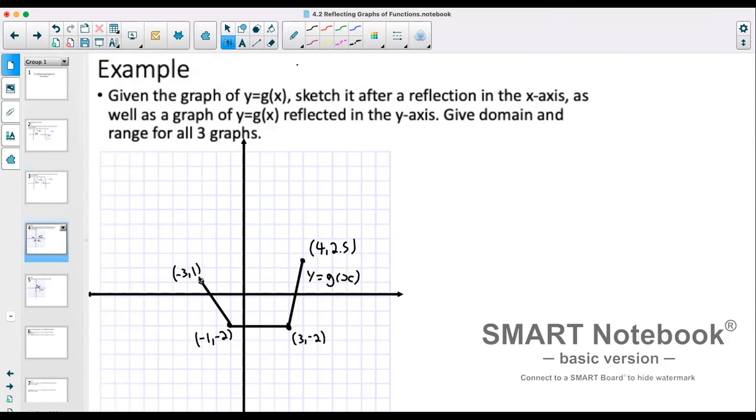So if we had (-3, 1), that becomes (-3, -1). (-1, -2) becomes (-1, +2). (3, -2) becomes (3, +2). And then this last one, we had (4, 2.5), so it becomes (4, -2.5).